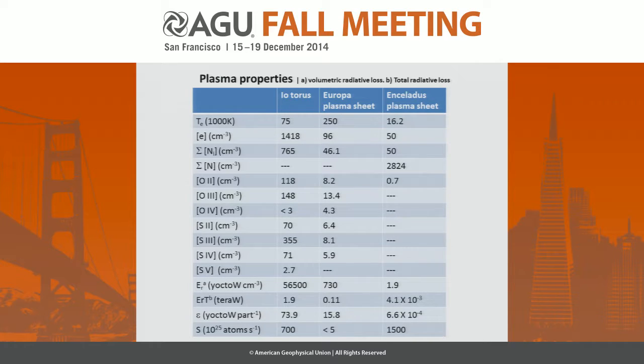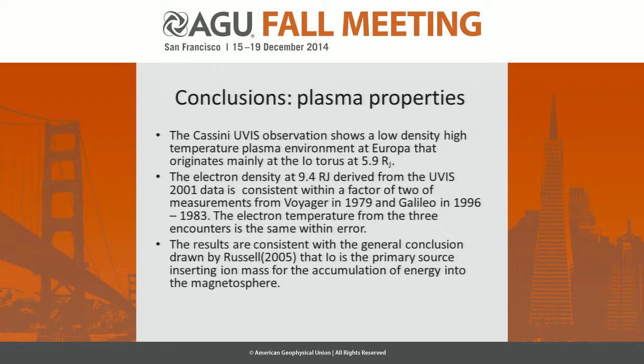Neutrals are not measured here. Neutrals are 2800. And the rate that Enceladus is dumping atoms in is 1500. It's more than Io. All right, so what we have here is that it's a low density plasma at Europa. Don't measure neutrals.